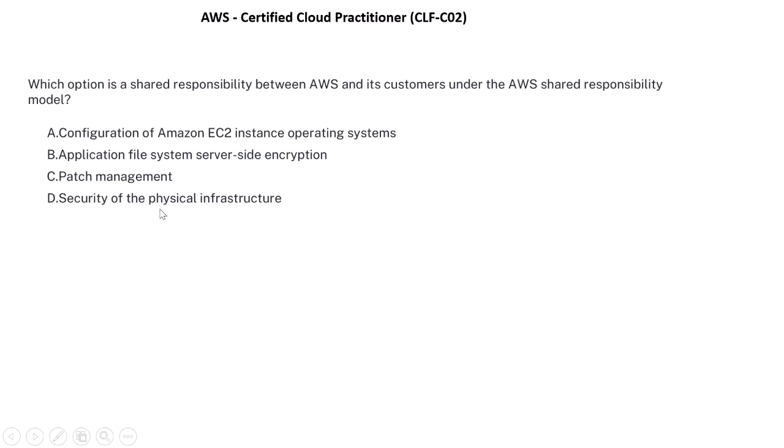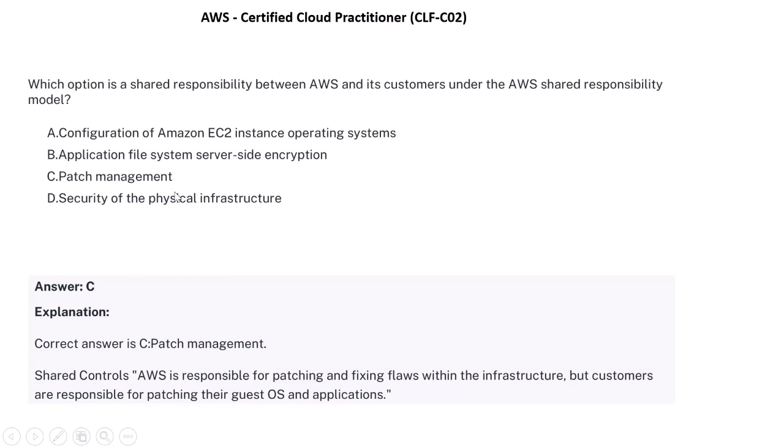Option D, security of the physical infrastructure. The correct answer is option C, patch management. Shared controls: AWS is responsible for patching and fixing flaws within the infrastructure, but customers are responsible for patching their guest operating system and applications.